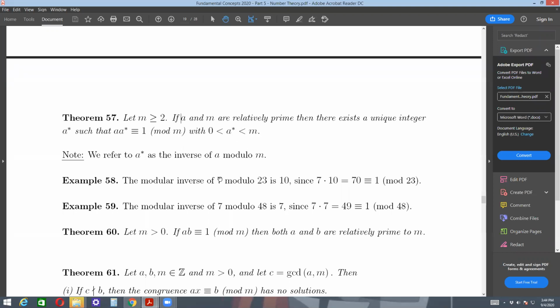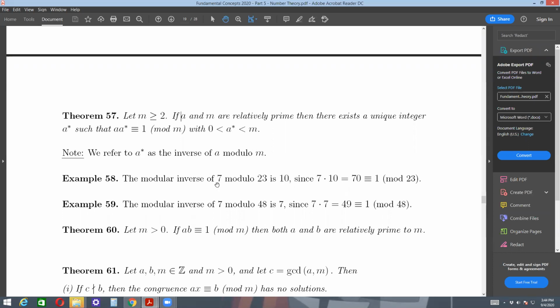So the modular inverse of 7 mod 23 is 10, because if you take 7 and multiply by 10, you'll get 70, which is the same as 1 mod 23. So this here, 10, is a star if a is 7.